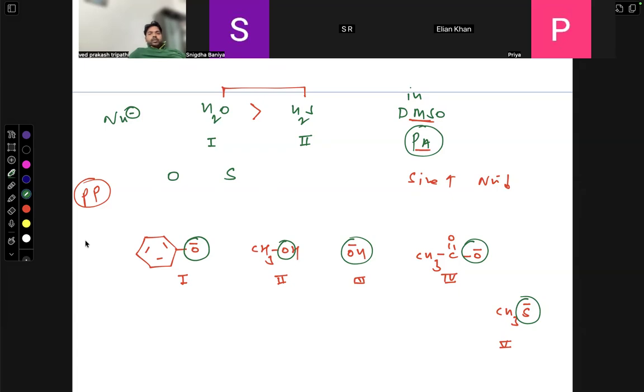Is it the same group or the same period? Same group. Good job. So whenever it is the same group, what should be the order? Is oxygen a better nucleophile or sulfur? We don't have the nature of the solvent. Remove the solvent condition. Oxygen or sulfur?